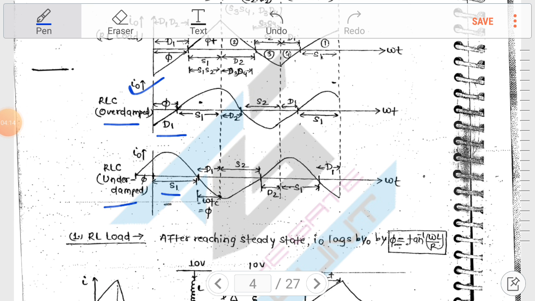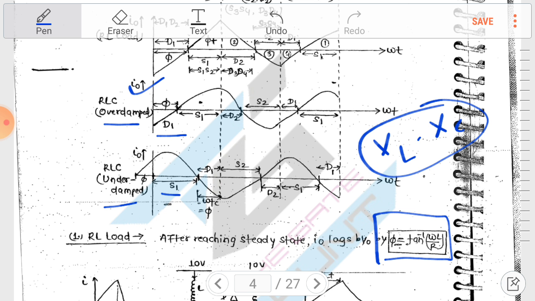The phase angle for lagging load or leading load can be determined by using this formula: phi equal to tan inverse X upon R, where X may be XL minus XC or XC minus XL.